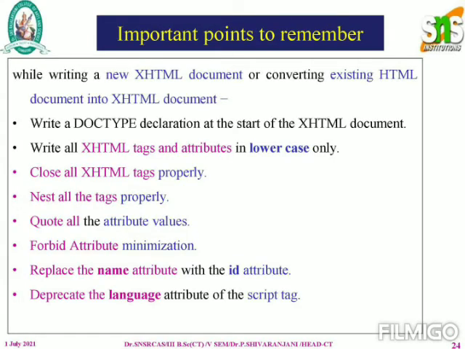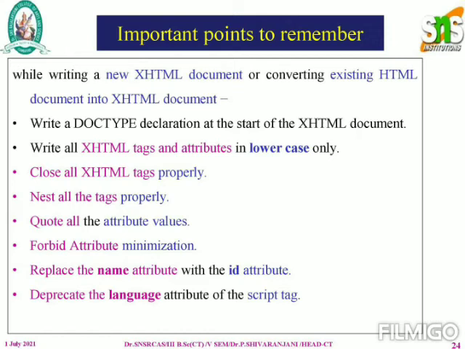The important points to be remembered while writing a new XHTML document or converting your existing HTML document into an XHTML document are these. First, you should write a document type declaration at the start of your XHTML document. Next, you have to write all the XHTML tags and attributes only in lowercase, because it is a case-sensitive language. Close all the XHTML tags properly.